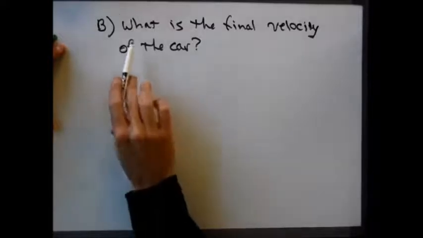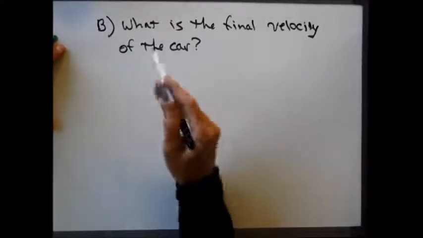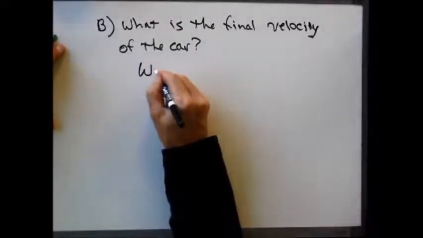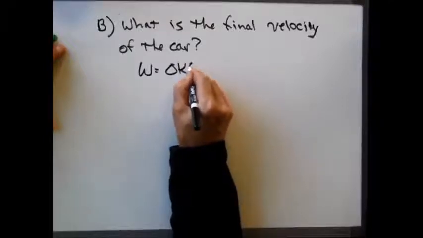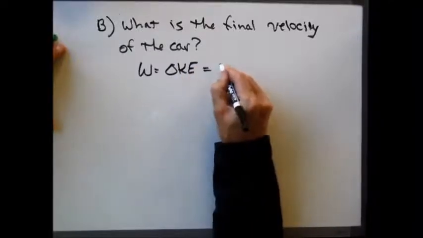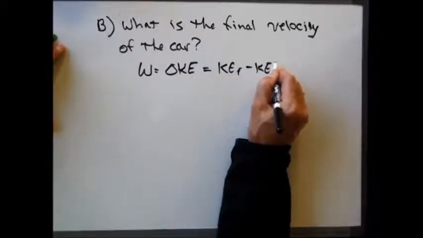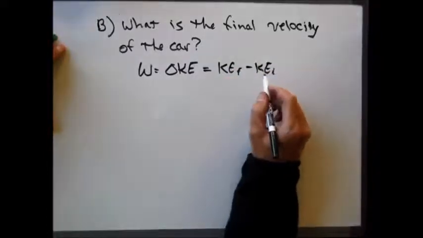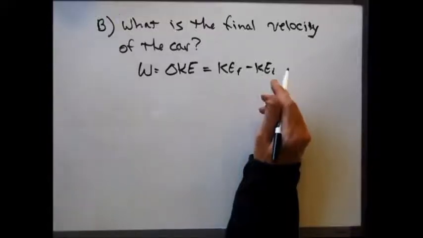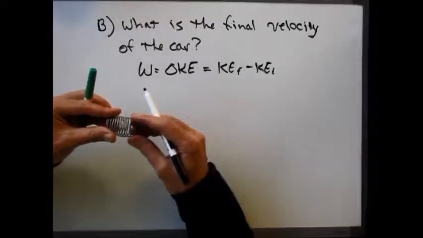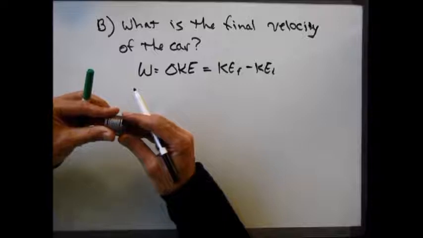So now we can ask question B, what is the final velocity of the car? If you remember, we said the work is equal to the change in kinetic energy. This is KE final minus KE initial. But the car starts at rest against the spring, because when we push the spring back, we release it.